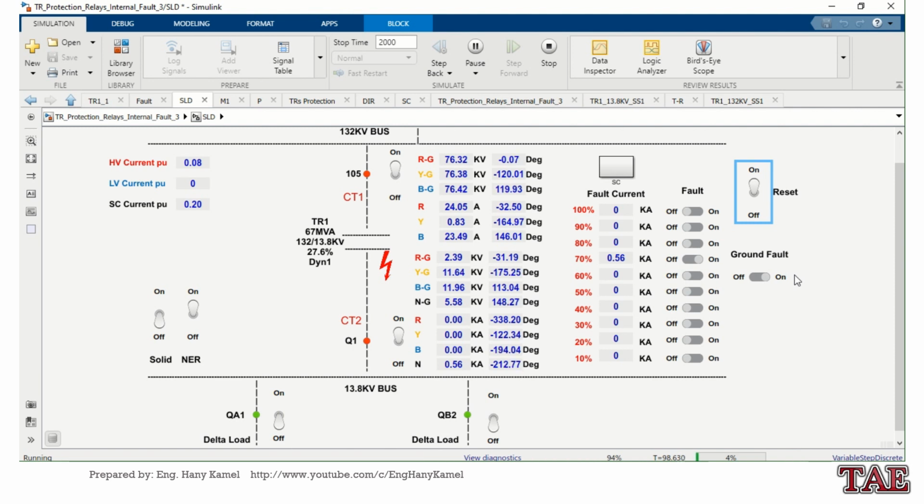So only the restricted earth fault, the current is more than the setting. Differential current is small for differential protection, so differential will not operate, and also the overcurrent or standby earth fault can operate, depending on the setting also.